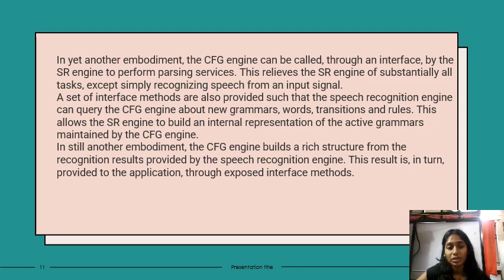This allows the SR engine to build an internal representation of the active grammars maintained by the CFG engine. In still another embodiment, the CFG engine builds a rich structure from the recognition results provided by the speech recognition engine. This result is in turn provided to the application through exposed interface methods.